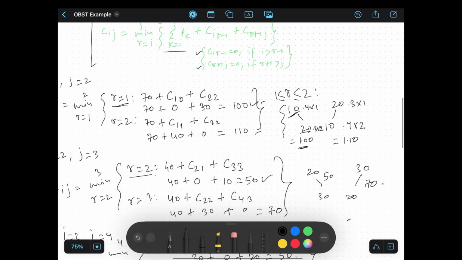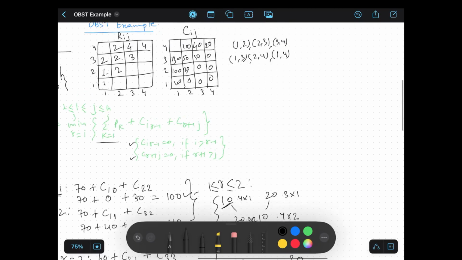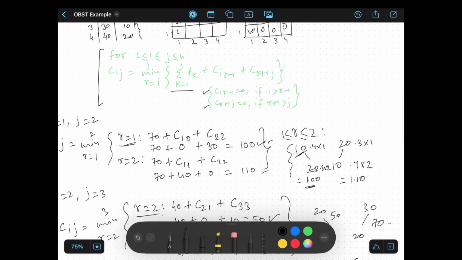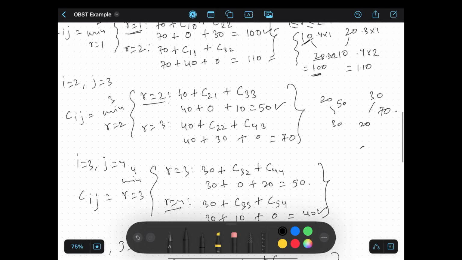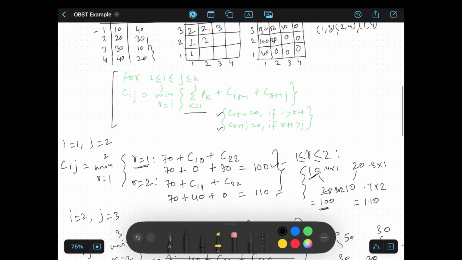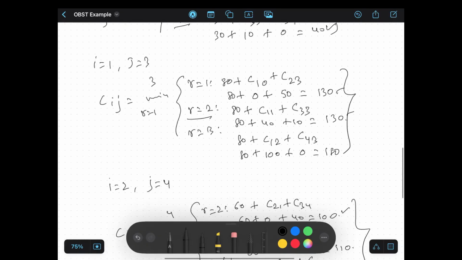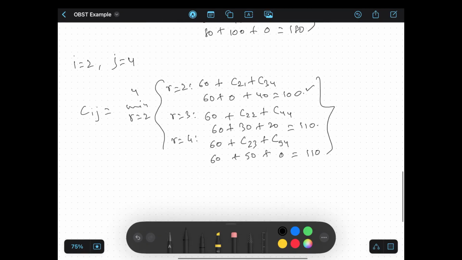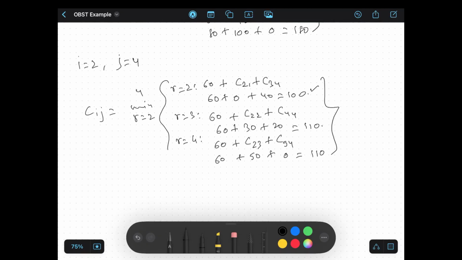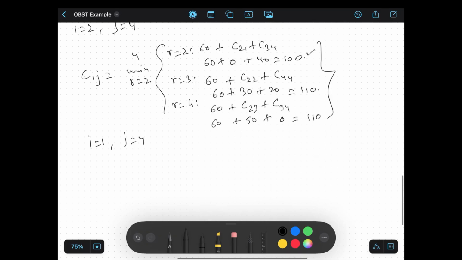And now we are going to calculate the last one, which is 1, 4. So cost of 1, 4, which means i is equal to 1 and j is equal to 4.